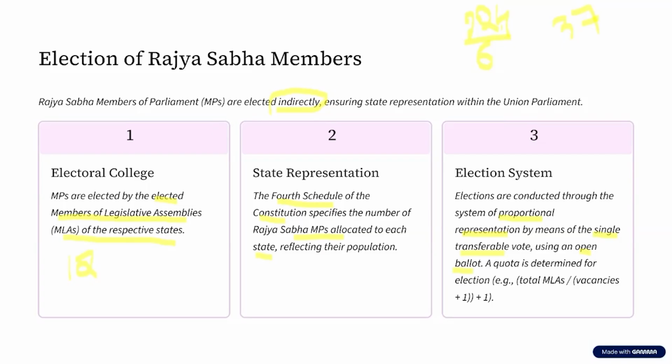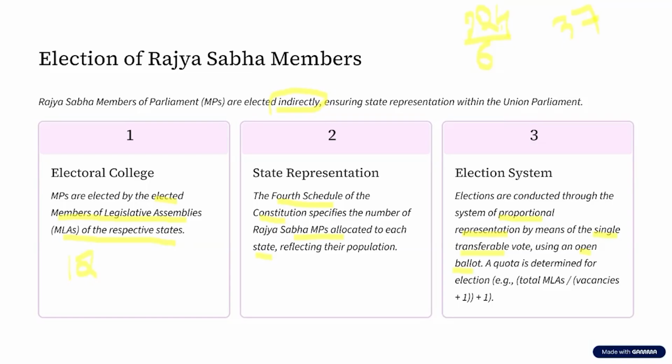Now, what is this open ballot? That is, each MLA is bound by their party's directive or by their party's whip while selecting these Rajya Sabha MPs. Now, if you take the presidential election or the vice presidential election, they are done by something called a secret ballot.